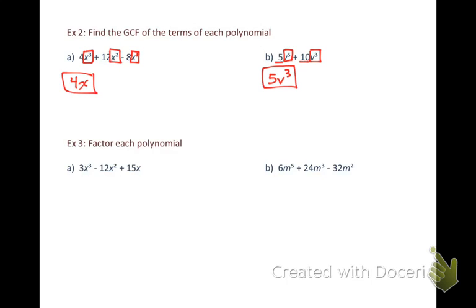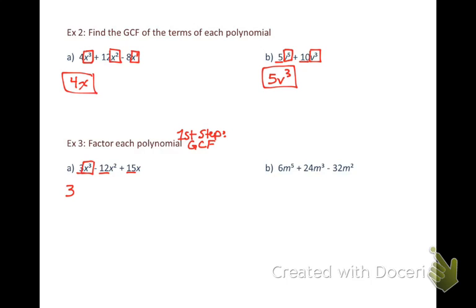All right, example 3. This time we are going to do the greatest common factor first. That's our first step. So we'll start with that on A. I'm going to find a number that goes into 3, 12, and 15, which would be 3.